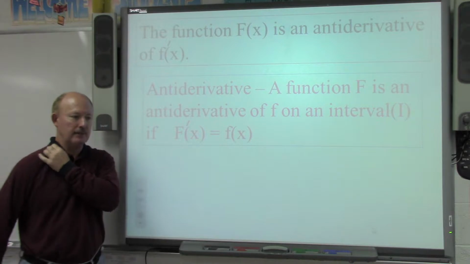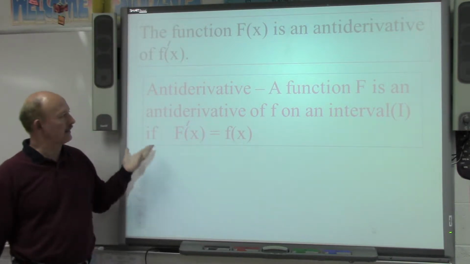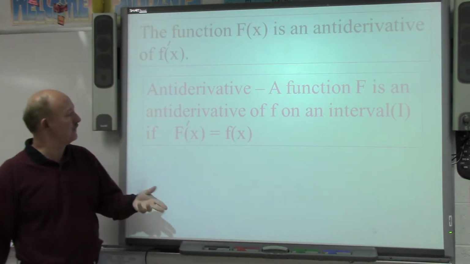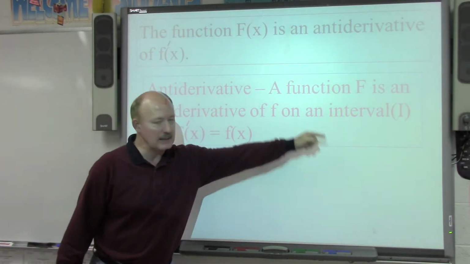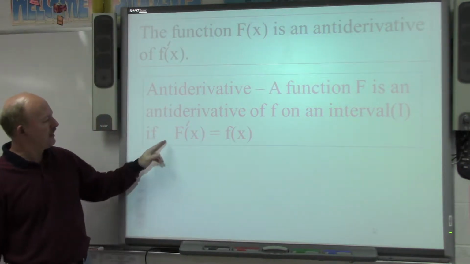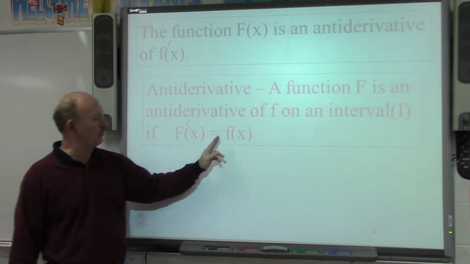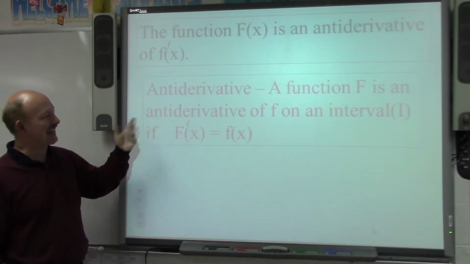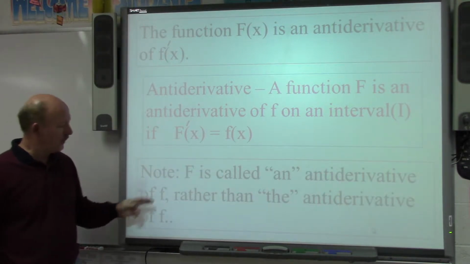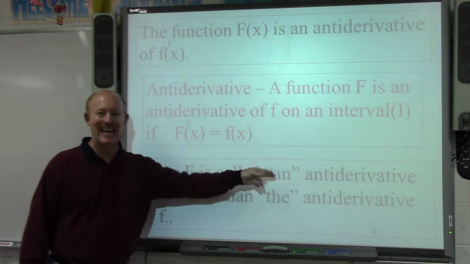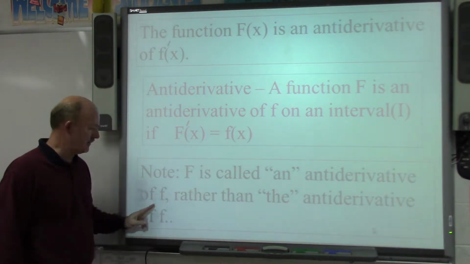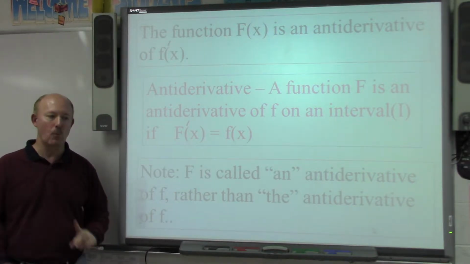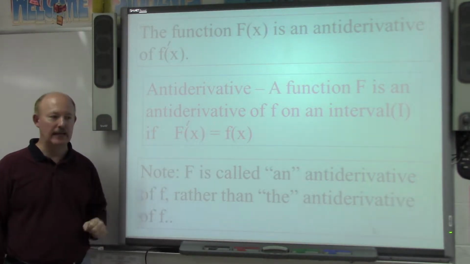A function capital F is an antiderivative of f on an interval I if the derivative of capital F of x equals f of x. This describes the antiderivative. A little note: we said that capital F is called an antiderivative of f rather than the antiderivative of f. That's important, and I'm going to show you why in just a second.